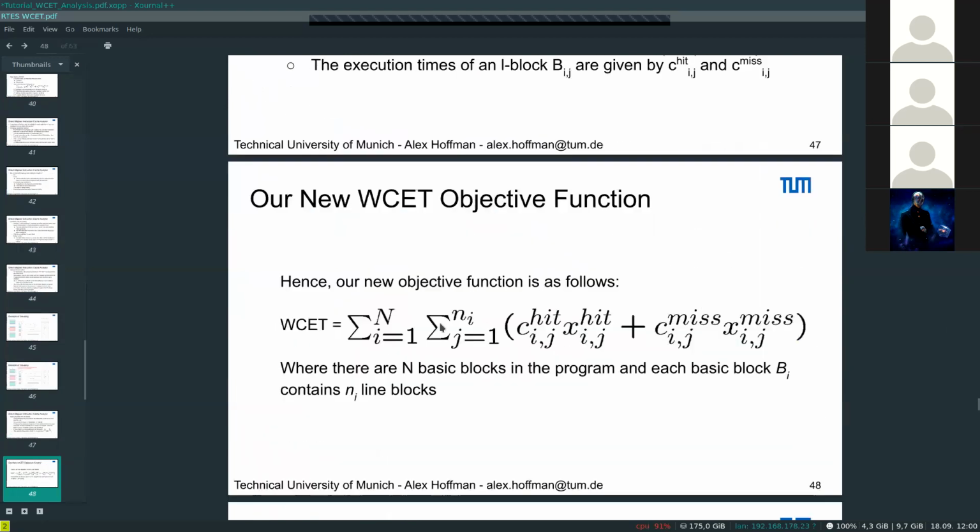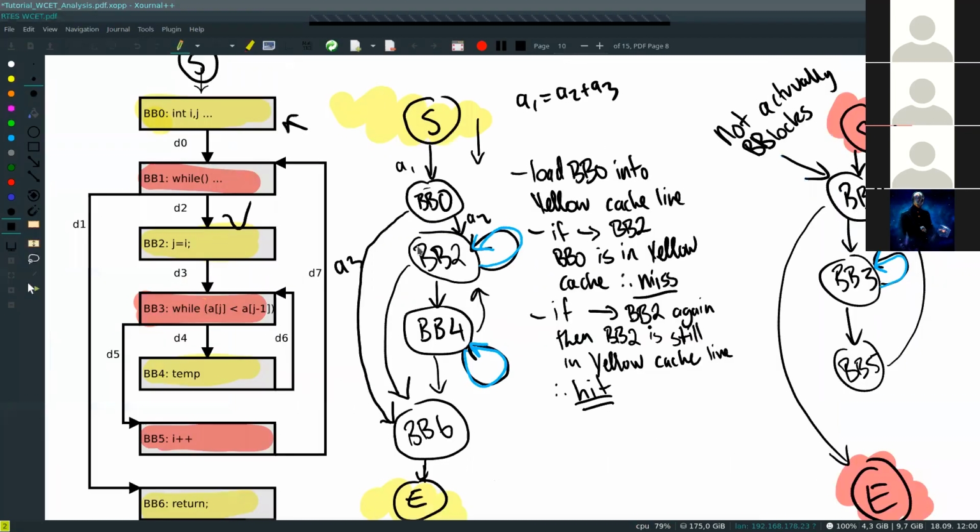And so we don't go too far into this in-depth analysis because it's a bit more complex, but we can at least start to break down our program's execution into each cache line's activity. Because then, for instance, we could say BB2.